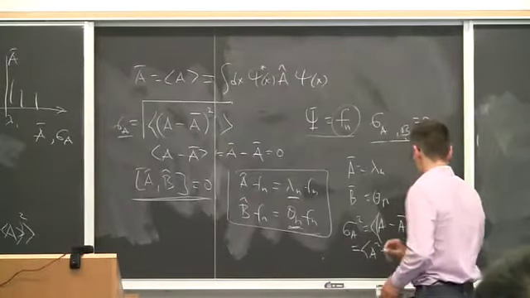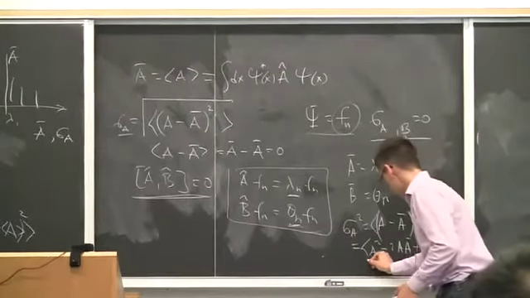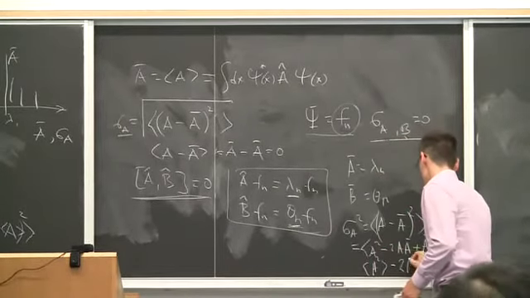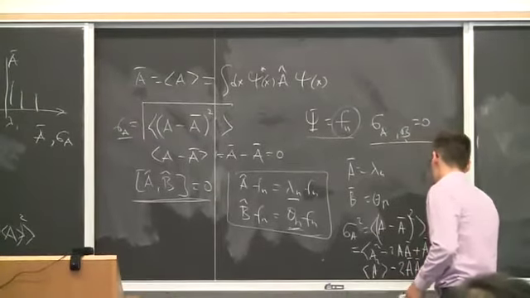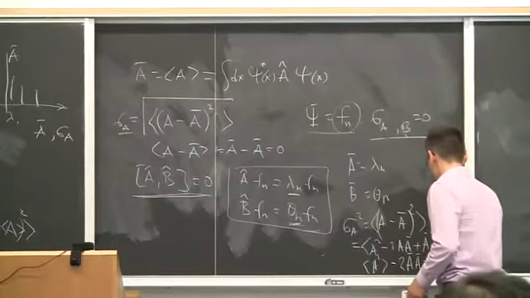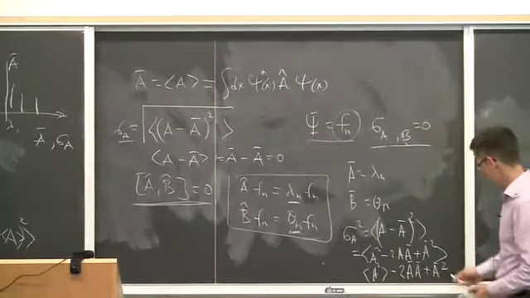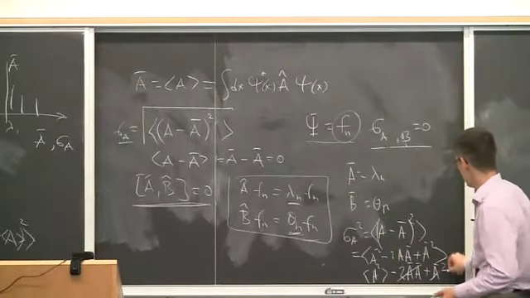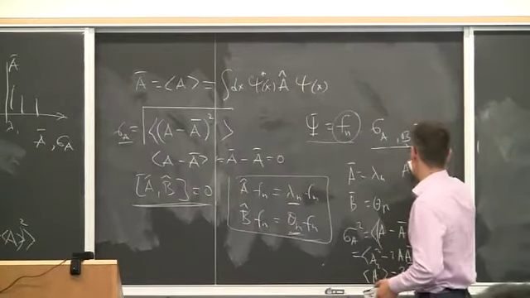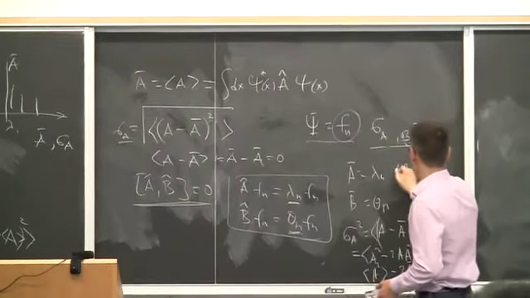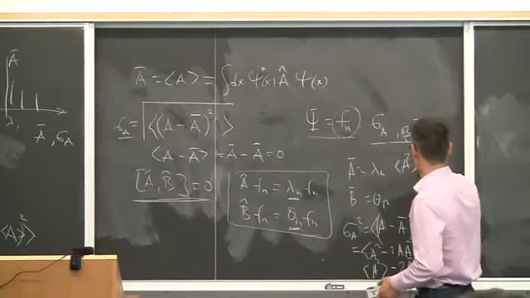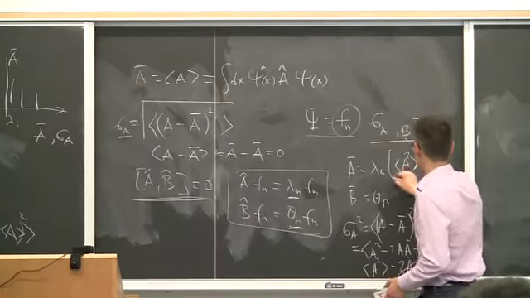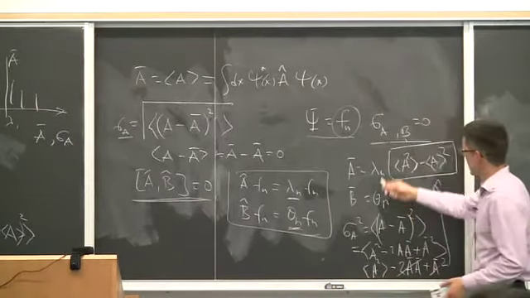And then what you have is A squared average minus 2A bar squared plus A bar squared, so the result is A squared averaged minus A average squared. So this is the result for sigma A squared.